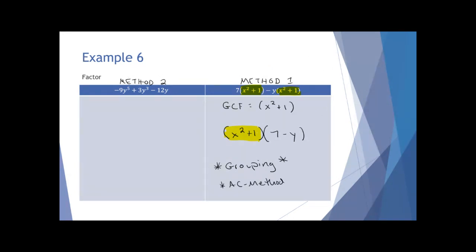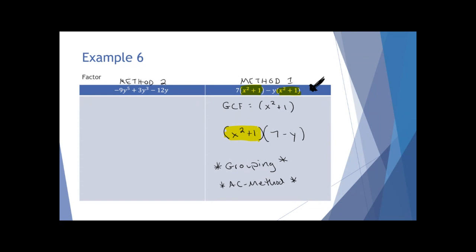Those are things that I will get to in later sessions. But anything that involves grouping or the AC method, you'll end up having something that looks like what we started with here, where you have in parentheses something that matches. And then you pull it out, and then you write what's left over. So that is used for grouping and the AC method when we factor.